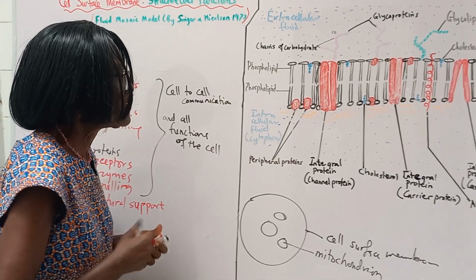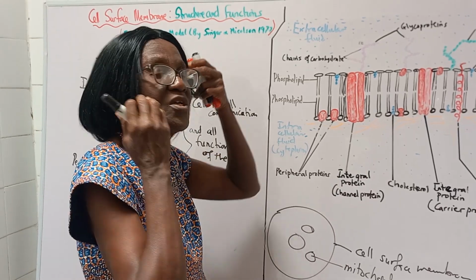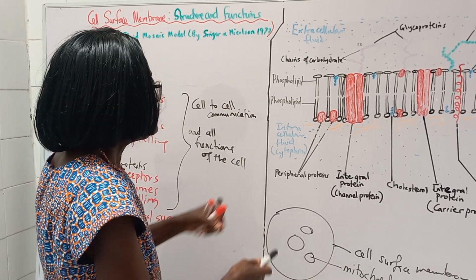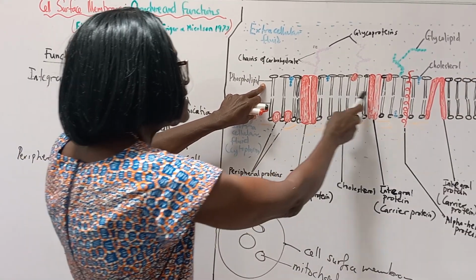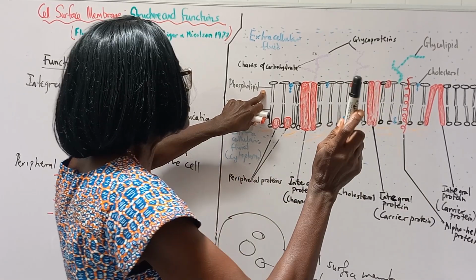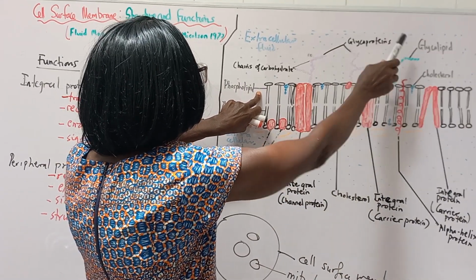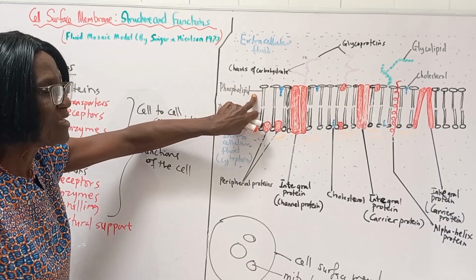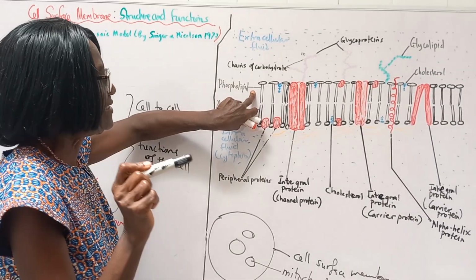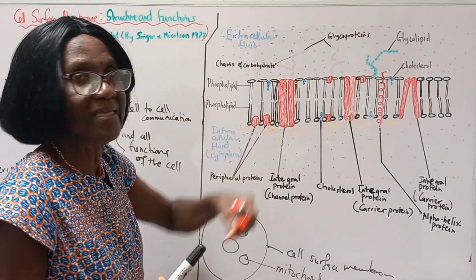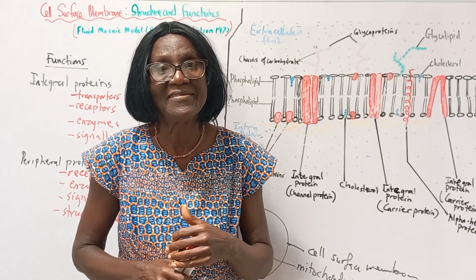Even endoplasmic membranes, vacuoles, they all have membranes. The membranes are just like this, with the exception that they will not have glycoproteins and glycolipids that stick into the intracellular fluid, guarding, so to speak, the cell. This is what we have in this lesson.